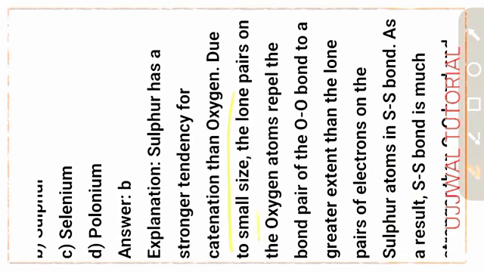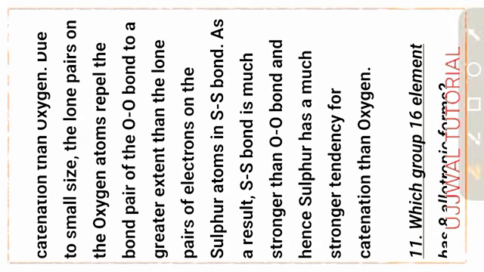Due to the small size, the lone pairs on the oxygen atom repel the bond pair of the O-O bond to a greater extent than the lone pairs of electrons on the sulfur atom in the S-S bond. As a result, the sulfur-sulfur bond is much stronger than the oxygen-oxygen bond, and hence sulfur has a much stronger tendency for catenation than oxygen.